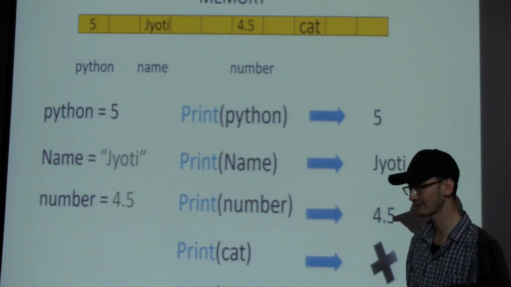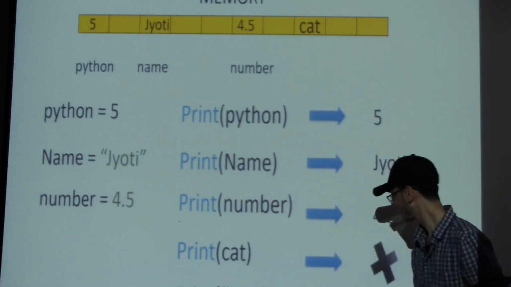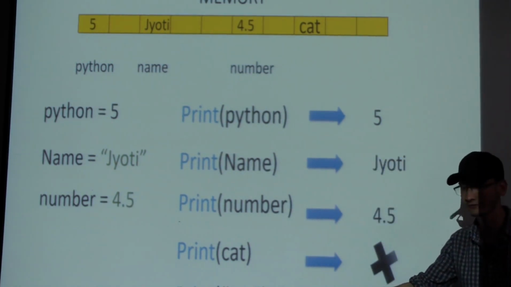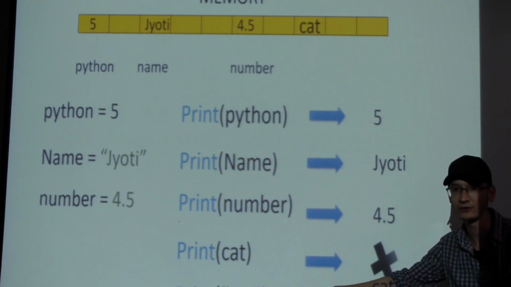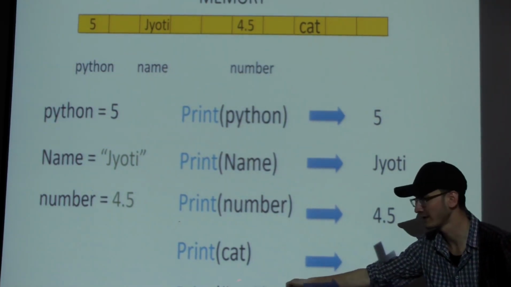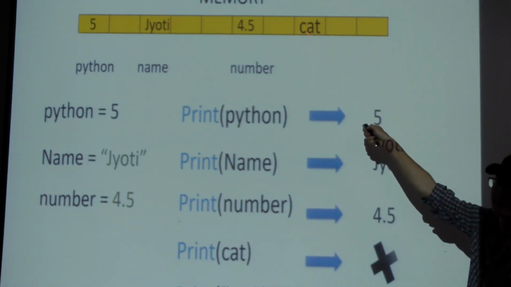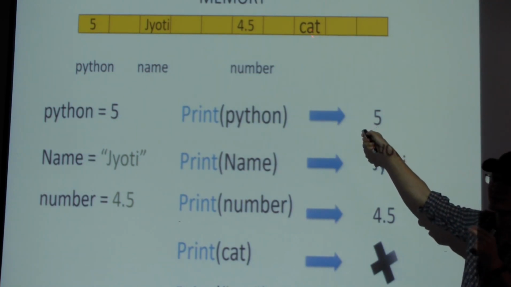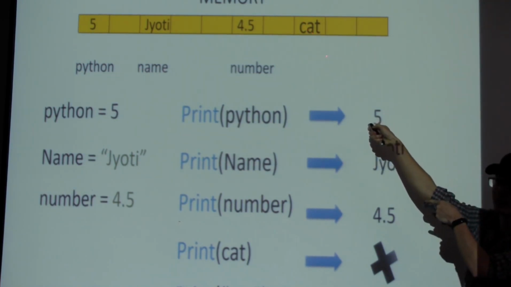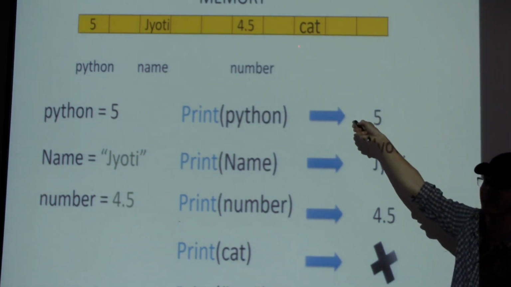Then print cat with quotation marks, and cat will be shown. Now here we are printing just a string value. We didn't create a variable for this value. Cat. Now you see cat. It will automatically go to the memory and be saved automatically, but it doesn't have a variable.